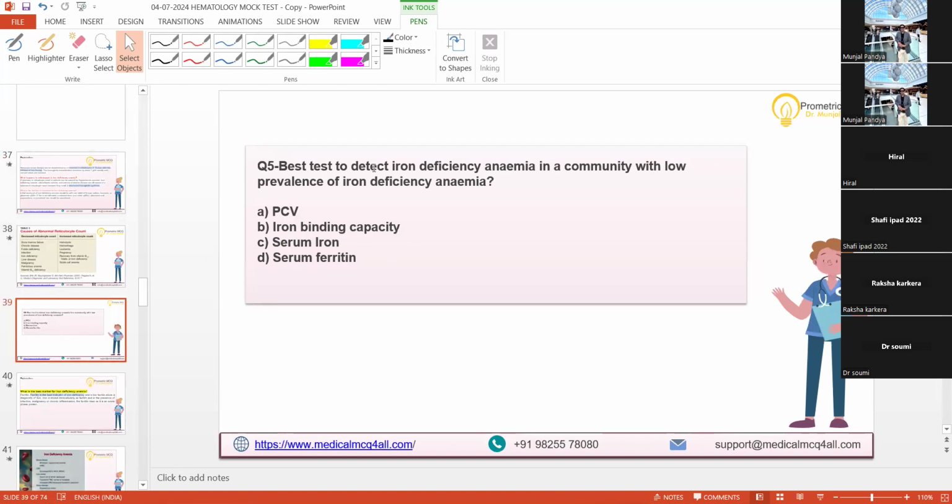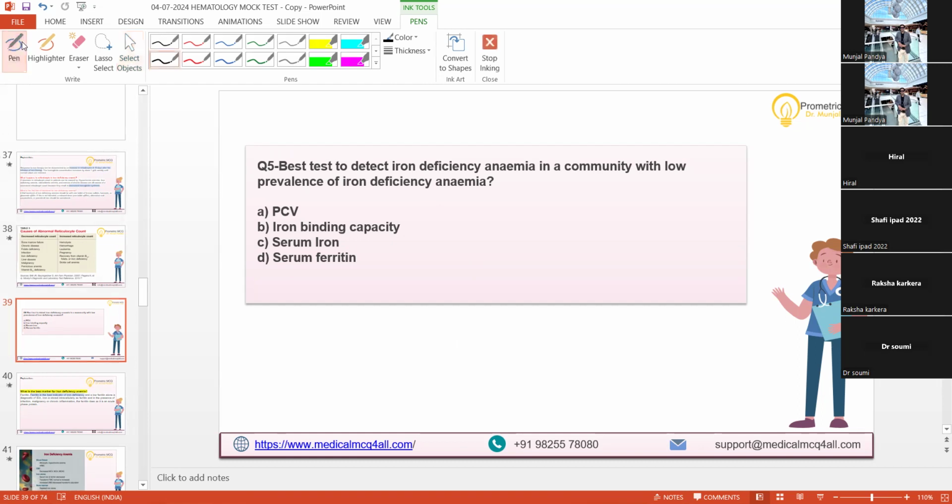Let's discuss the best test to detect iron deficiency in a community with low prevalence of iron deficiency anemia. They are asking what is the best test to diagnose iron deficiency anemia: packed cell volume, total iron binding capacity (TIBC), serum iron, or serum ferritin.